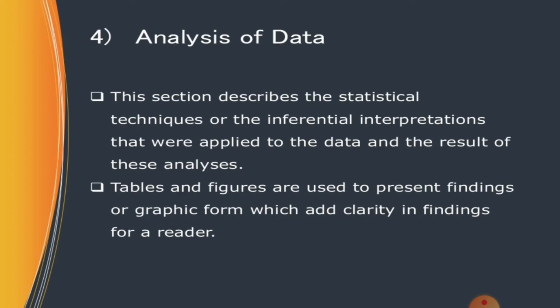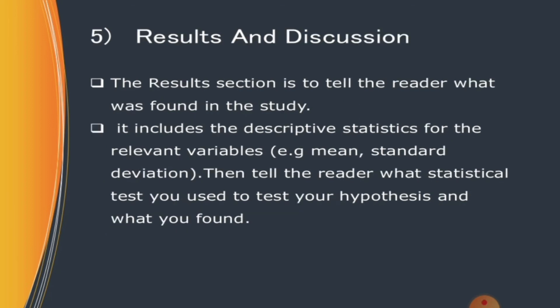Analysis of data. This section describes the statistical techniques or the inferential interpretations that were applied to the data and the results of these analyses. Tables and figures are used to present findings in graphic form, which add clarity to findings for the reader. Results and discussion.